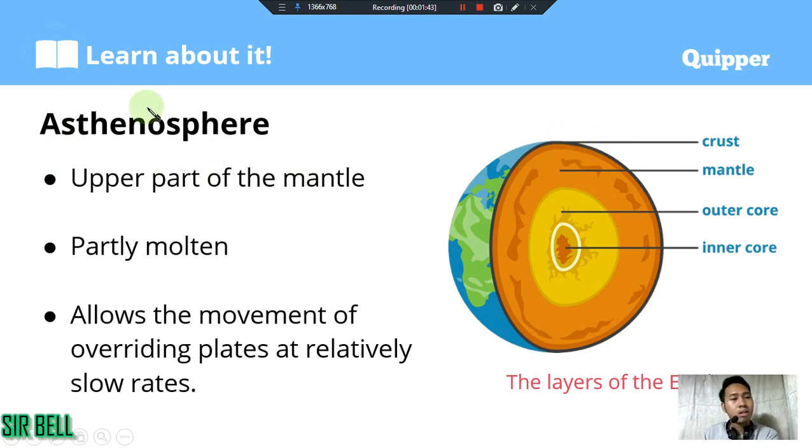Now let's talk about asthenosphere. As I said earlier, this is the upper part of the mantle, and its characteristic is that it is partly molten, and it allows the movement of overriding plates at relatively slow rates. So the reason why plates are moving is because of the asthenosphere, knowing that it is partly molten, which has some characteristics of liquid.